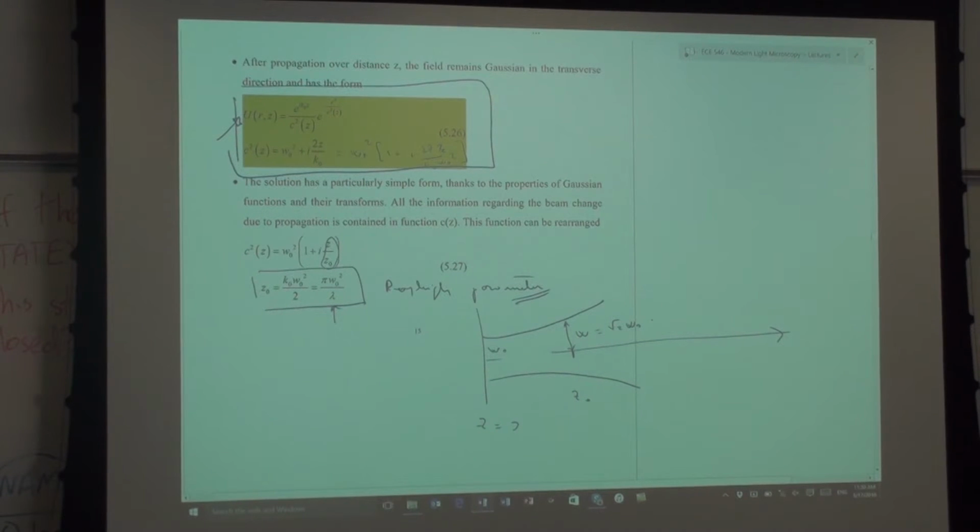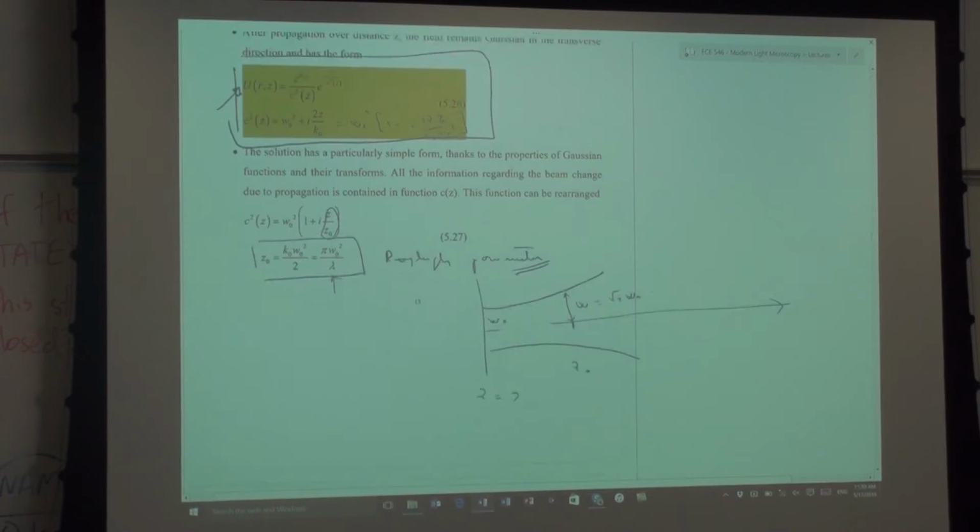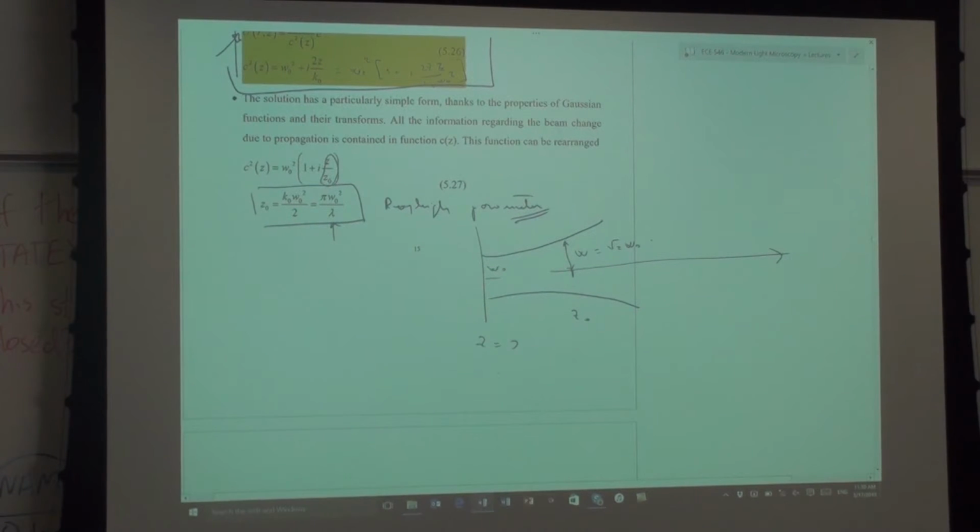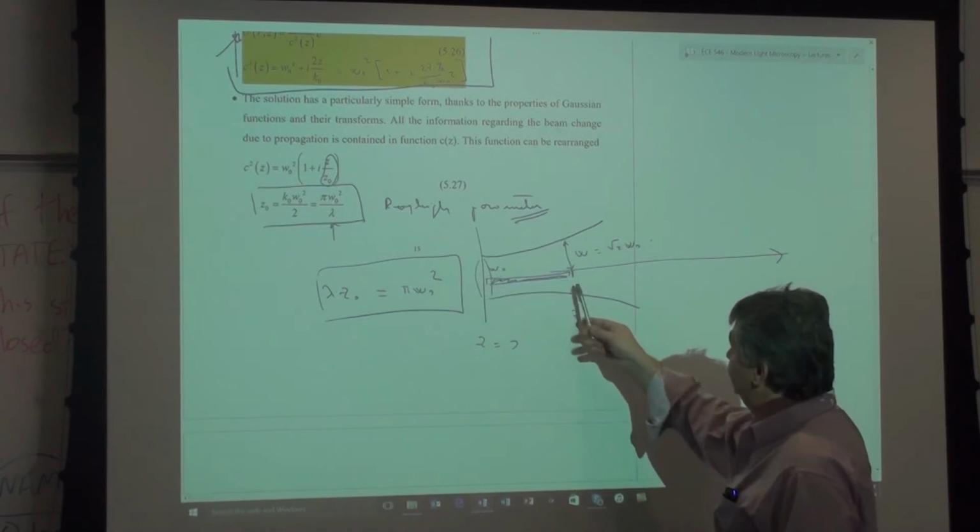So the interpretation of this Z naught is the following. If I take the area of the input beam, is the distance Z naught over which, if I cut a rectangle of width lambda, that rectangle and the input area are the same. That's how I remember this formula. You know what I'm trying to say?